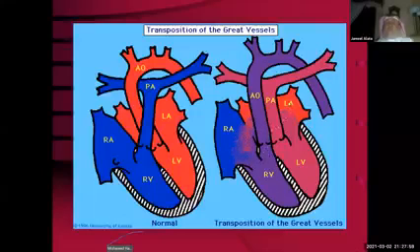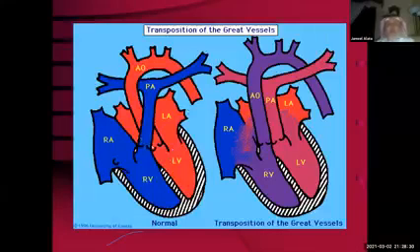The left atrial blood, which is coming from the lungs, is going to the LV, to the lungs, coming back to the atrium, to the LV, to the lungs again. What we call circulation in parallel, not circulation in succession. The normal circulation has to be in succession.